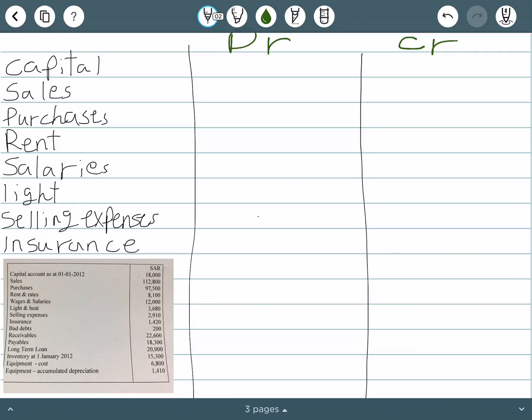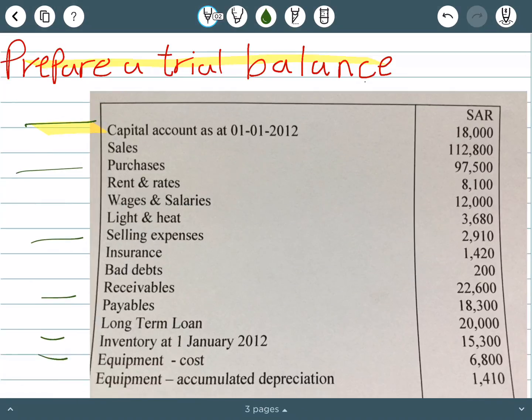I just inserted a picture here, which is the same as this one in here. First of all, we want to know what a capital is. Is it a debit or a credit? A capital is an equity, right?